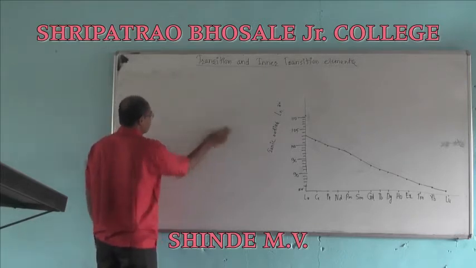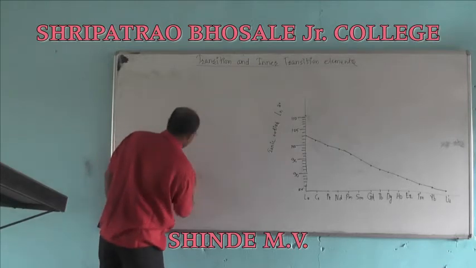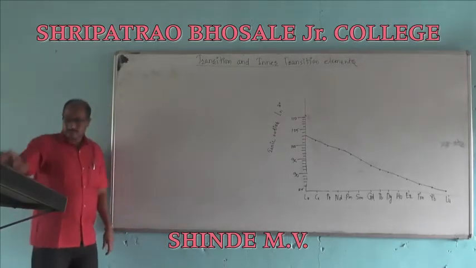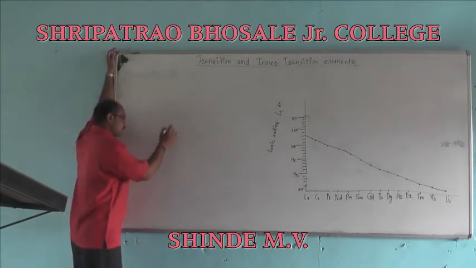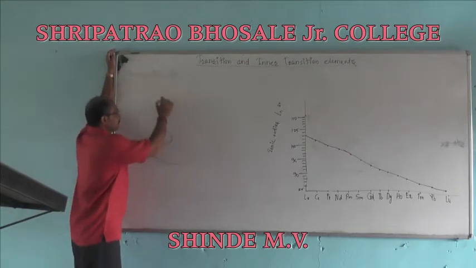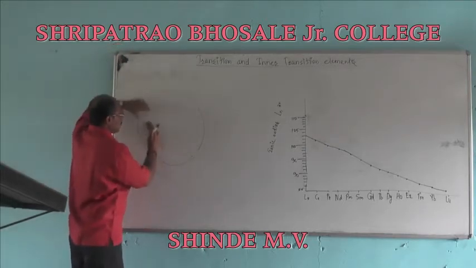When we observe the atomic and ionic radii, we have to look closely. Suppose this is the nucleus and this is the outermost subshell of the lanthanoids.